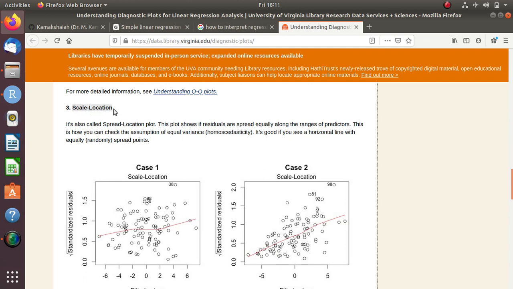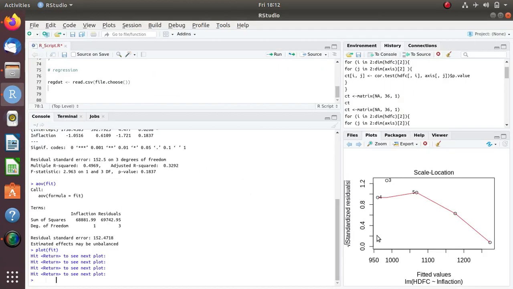A scale location plot is a visual inquiry to verify this assumption known as homoscedasticity, which means usually from this plot these values must be spread across the plot.